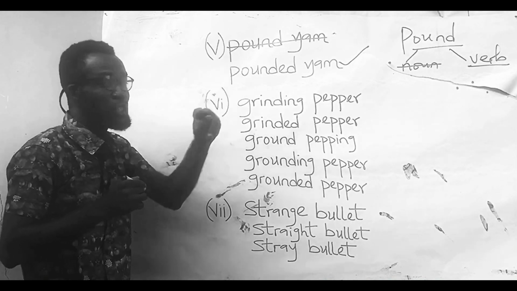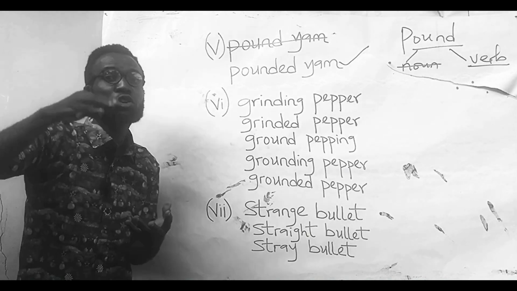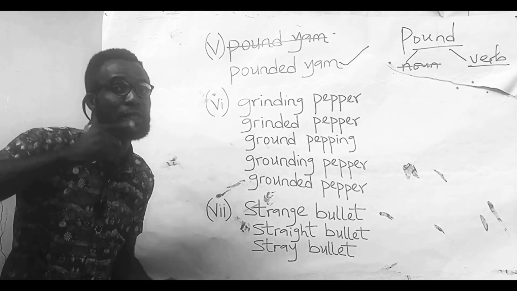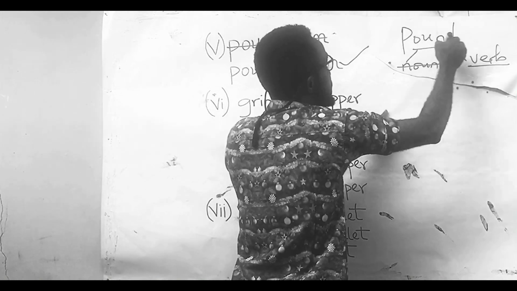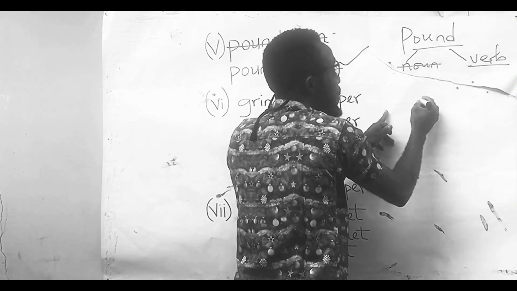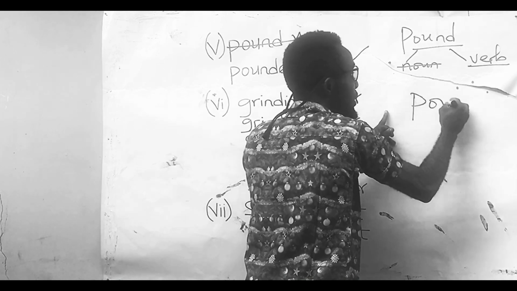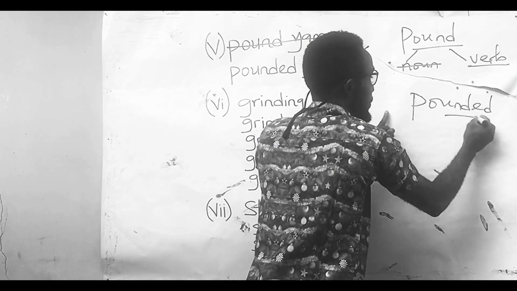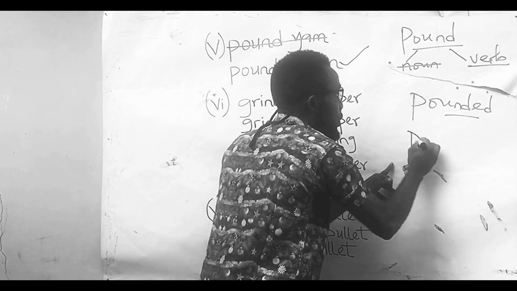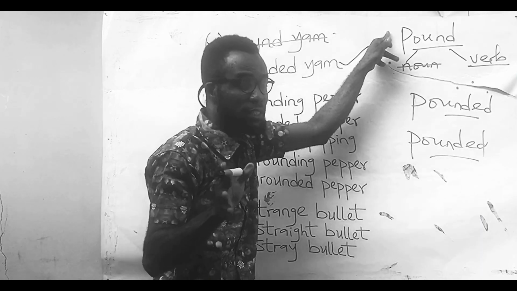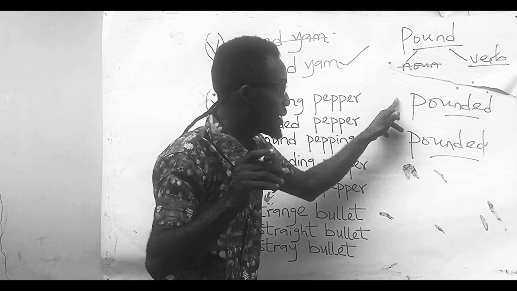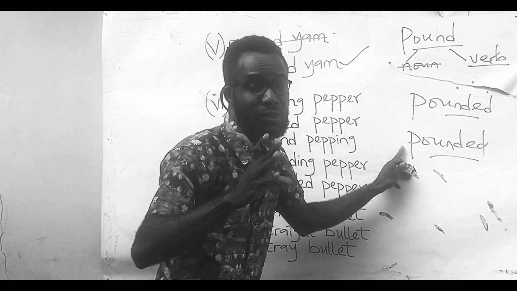If we see pound as a verb, then it means to crush something by hitting it repeatedly. As a verb, the present tense is pound. The past tense is pounded. And the past participle is also pounded. So we have pound, present tense, pounded, past tense, pounded, also past participle.